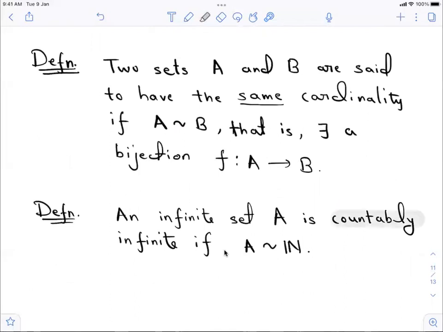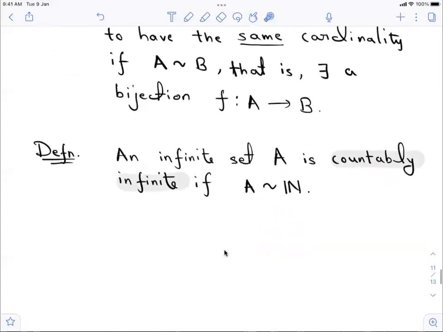What is a countably infinite set? It is an infinite set which is similar to N. That means you can find a bijection from N to A. Such sets are called countably infinite.